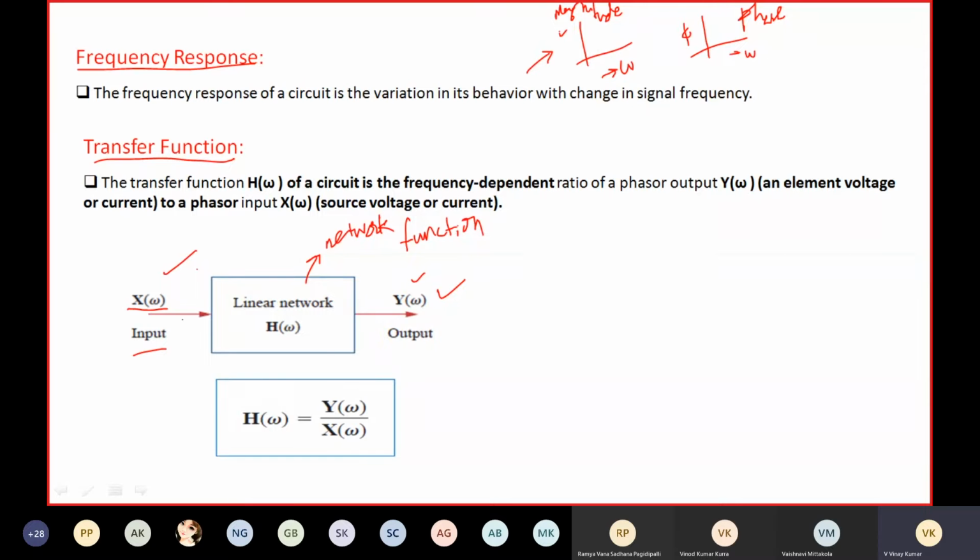Here all are in the frequency domain, X of omega. This is not in the time domain. X of t means that the function will be in the time domain.